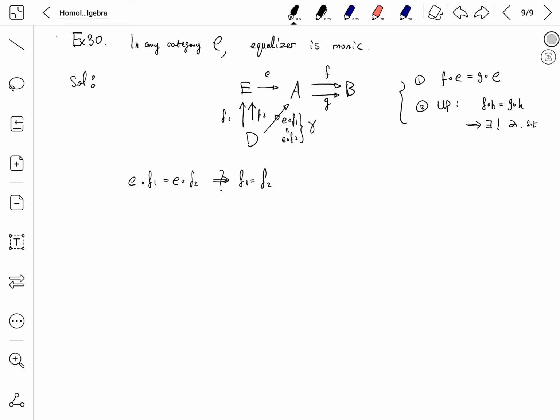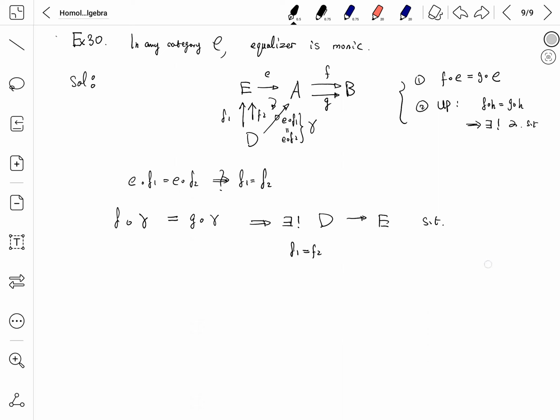You got your gamma such that F compose gamma equals G compose gamma. And so by the universal property, it implies that there exists a unique map from D to E that makes the diagram commute. And so this tells us that F1 must equal F2, because both F1 and F2 make the diagram commute.